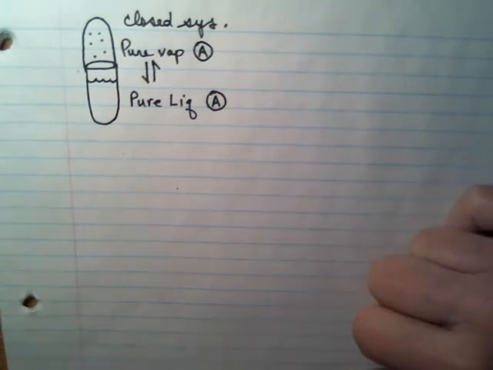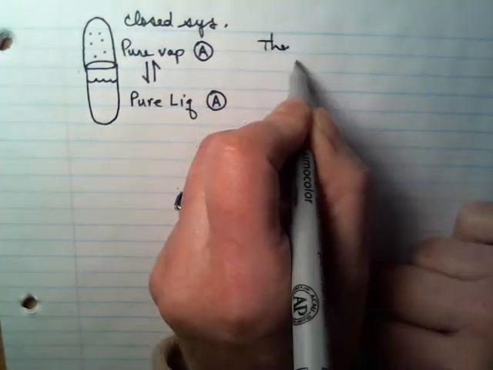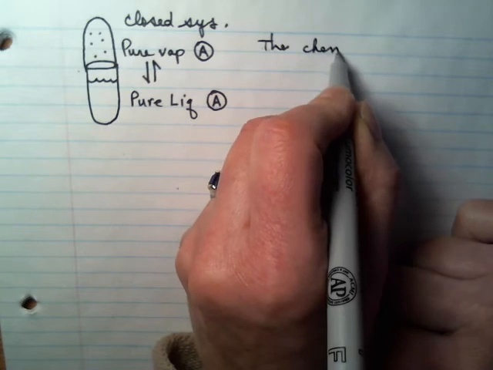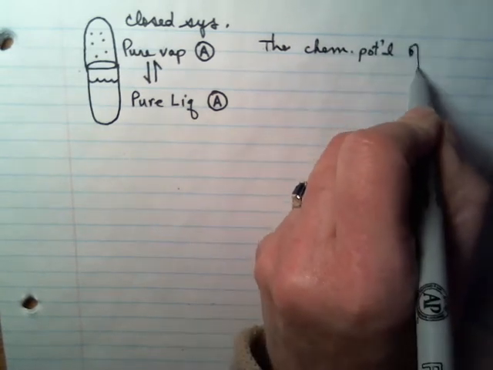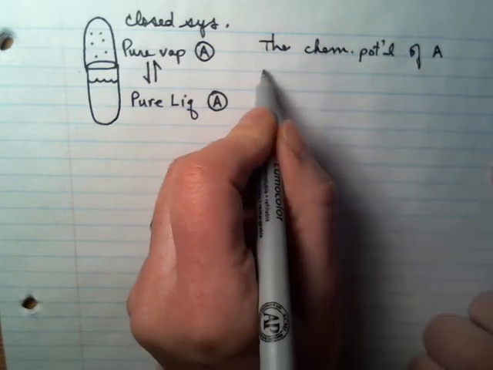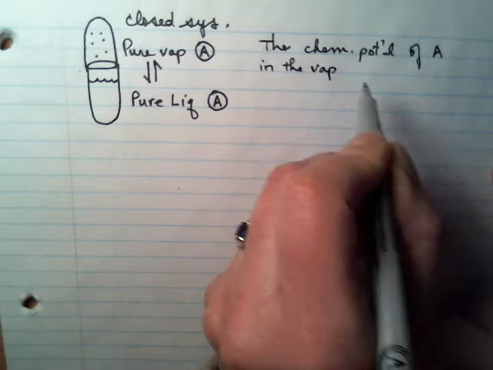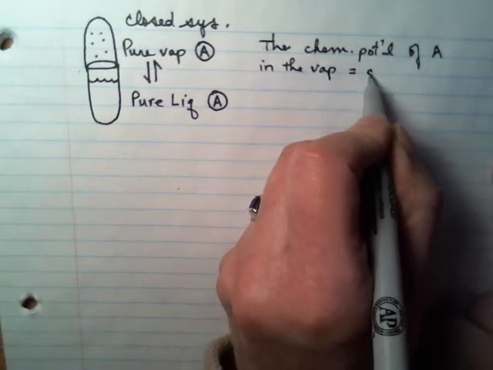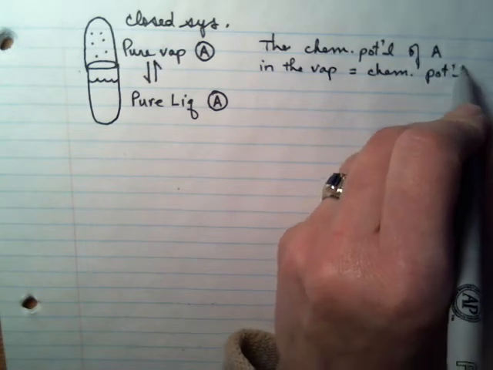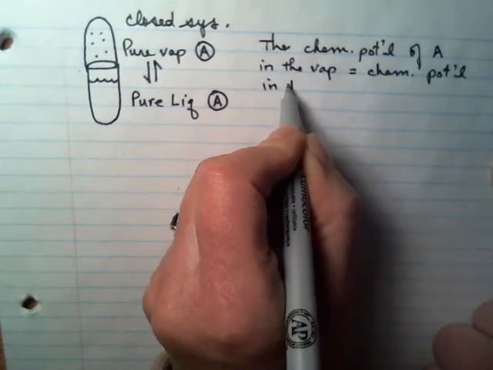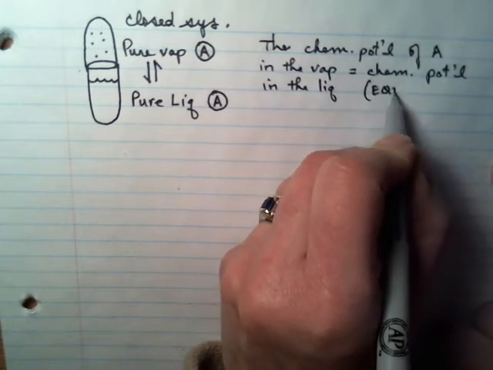And I can write also that because it's at equilibrium, the chemical potential of A, it's pure, in the vapor, by definition at equilibrium, is equal to its chemical potential in the liquid, because we are at equilibrium.